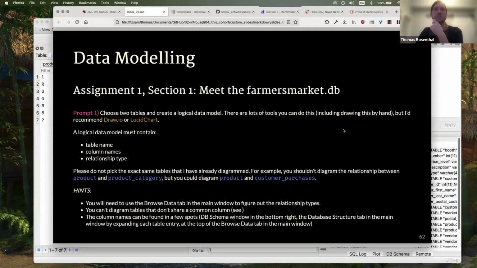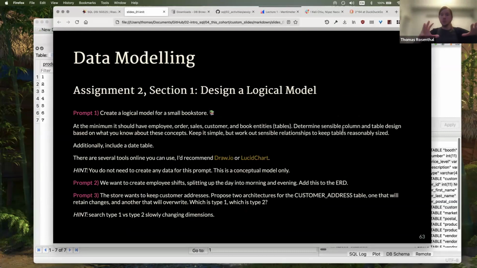For assignment 2, section 1, it's taking these concepts and going bigger and thinking more about the concepts broadly and not so prescriptively. I want you to create a logical model for a small bookstore. So it should contain an employee table, an order table, sales table, customer table, and book table.